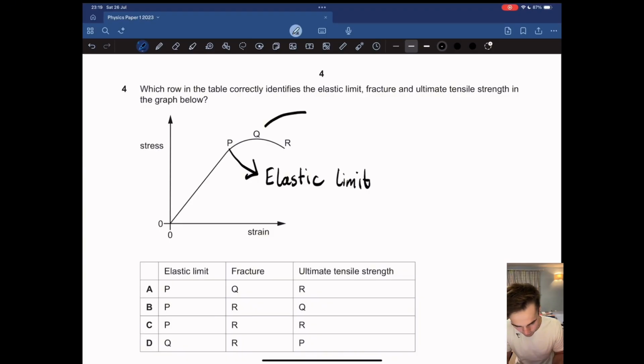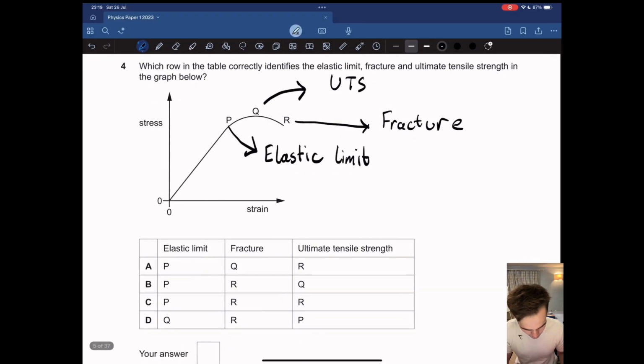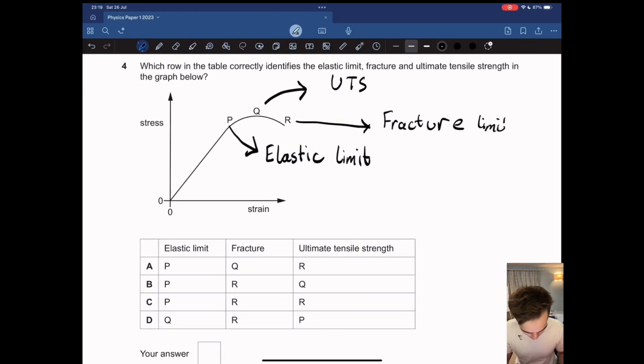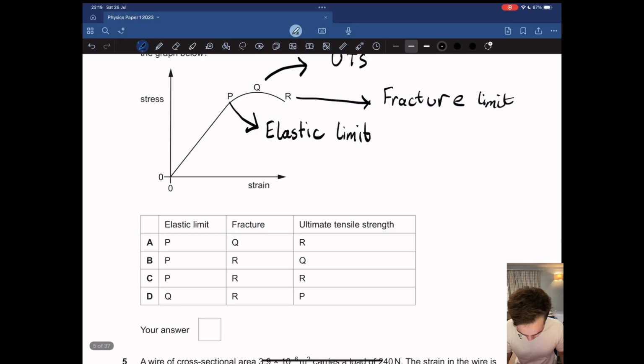The maximum stress a material withstands is called our ultimate tensile strength, because it's tensile stress. So this is our UTS. And then our R is our fracture limit, which we can tell by elimination. So PQR is B.